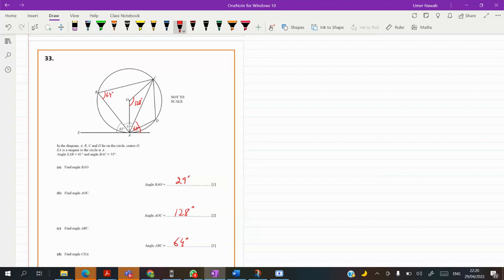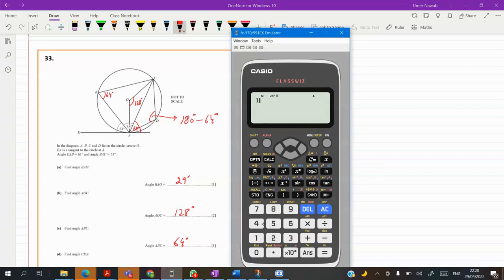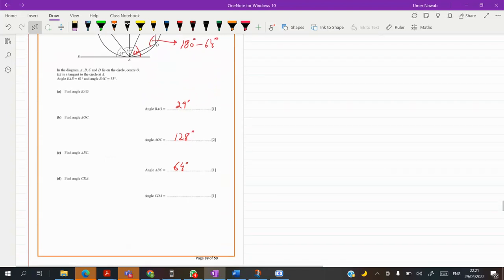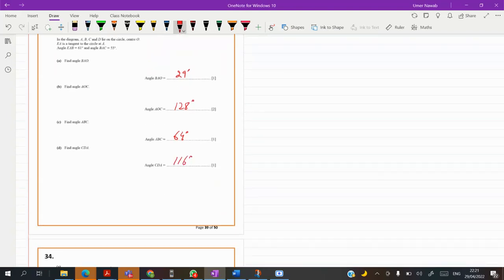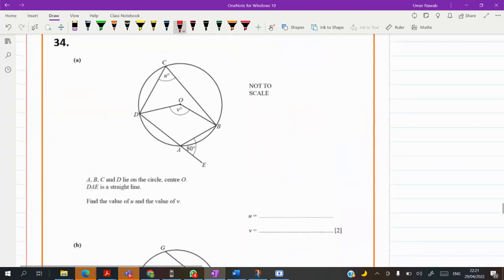Next, CDA. CDA, cyclic quadrilateral property. 180 minus 64, so this is 116. Next, we have this type of a circle in which the 80 degrees is given to us, and we want to find u first.